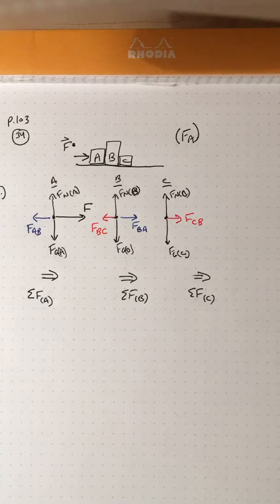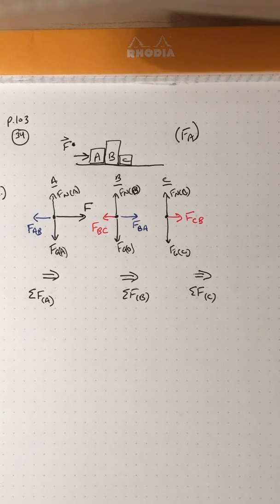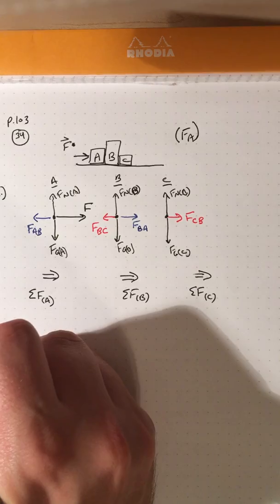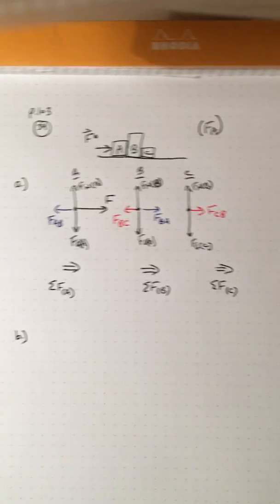Part B says to determine the acceleration of the system in terms of MA, MB, and MC. It hasn't given us any numbers yet, so it wants an algebraic solution. So let's go through what we know here.